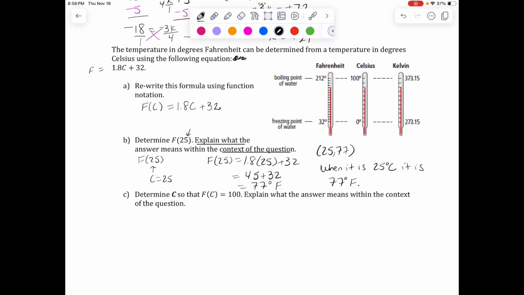Okay, that's the conversion. All right, and then determine C so that F of C is 100. Well, what is the Fahrenheit? Okay, sorry, let me rephrase that. What is Celsius when the Fahrenheit is 100?